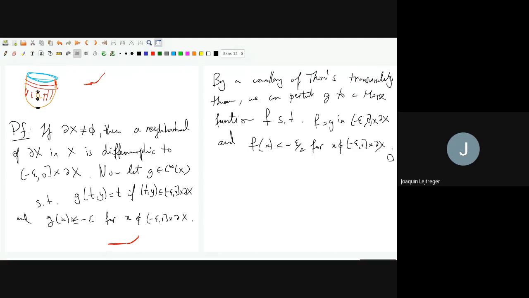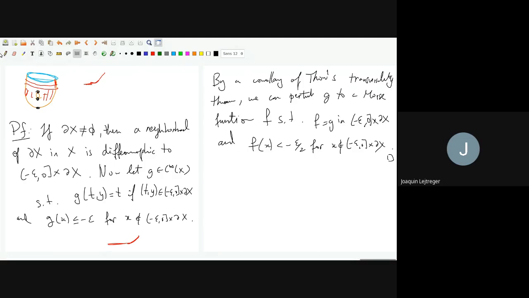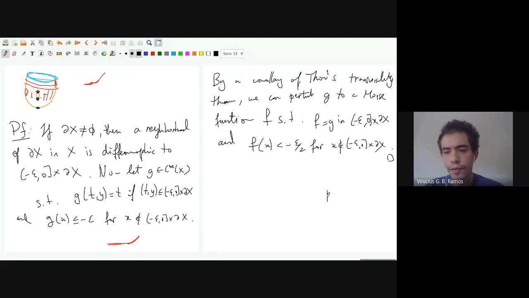Because being Morse, a function is Morse if and only if the first jet of the function is transverse to that submanifold S1 in the jet space. Yeah, so if and only if it intersects the zero section of the cotangent bundle transversely. That's what it means to be Morse. So if you look at the cotangent bundle of X, here's the zero section.